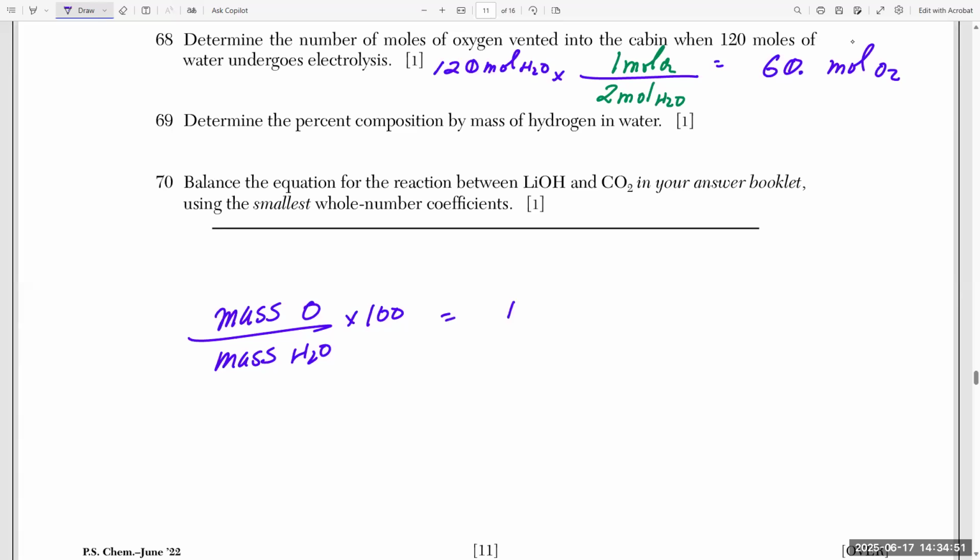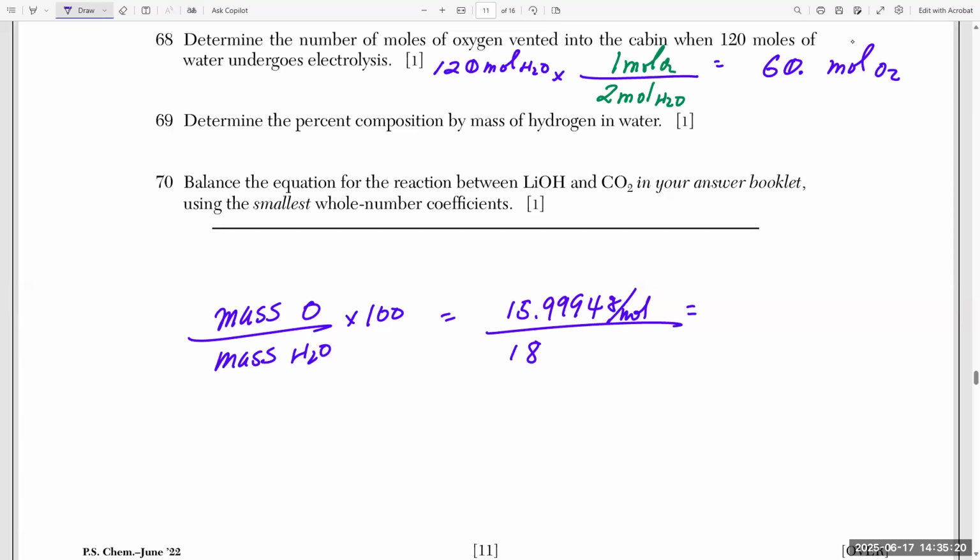It's going to be 15.9994 grams per mole divided by H2O, which is 18, give or take. I'm just going to put 18. I was going to be very accurate, but I don't think it's necessary. So it's going to be 16 divided by 18, right?